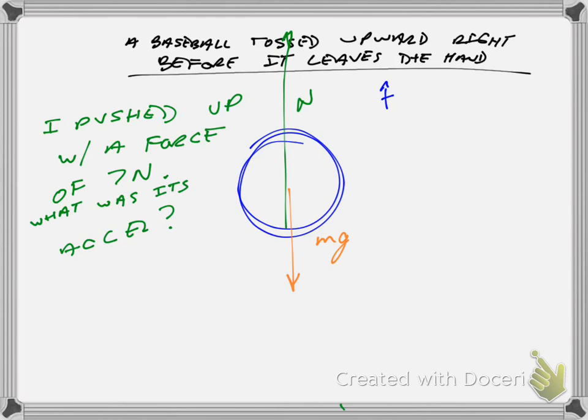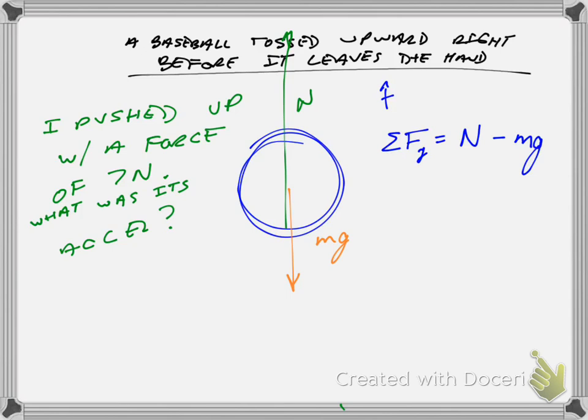If I said that I pushed up with a constant force of 7 newtons, what was the acceleration of the ball? Well, let's answer it. F net statement in the y direction, up is positive, therefore it's normal minus mg.